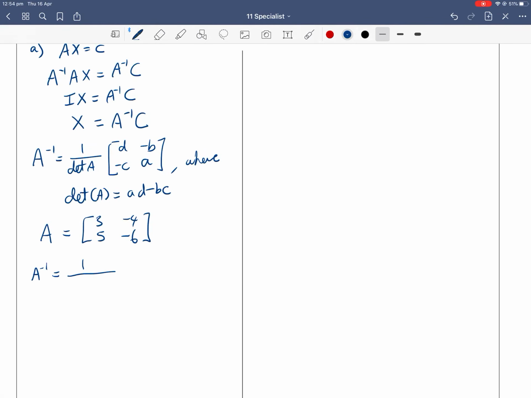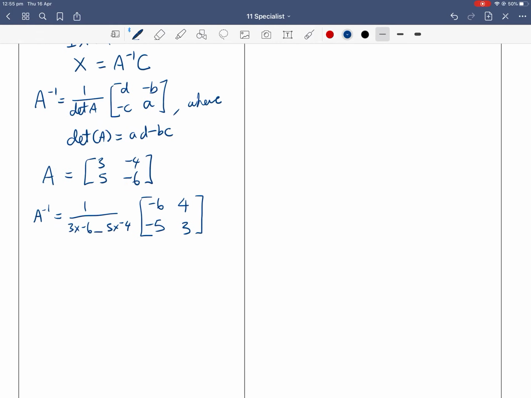So A inverse is 1 over AD, so 3 times negative 6, minus BC, which is 5 times negative 4. I am going to switch my A and D around, so negative 6 first, and then 3 on the other diagonal entry. And then I'm going to negative the B and the C values, so negative 4 becomes a 4, and 5 becomes a negative 5.